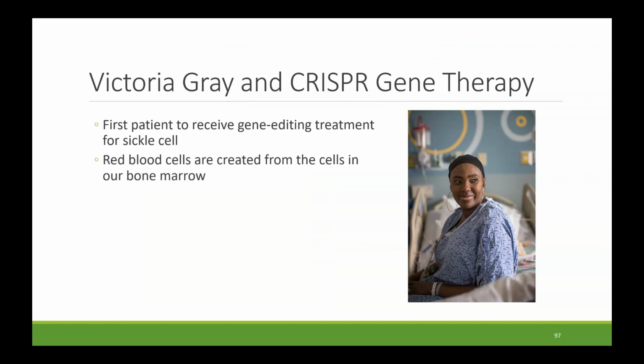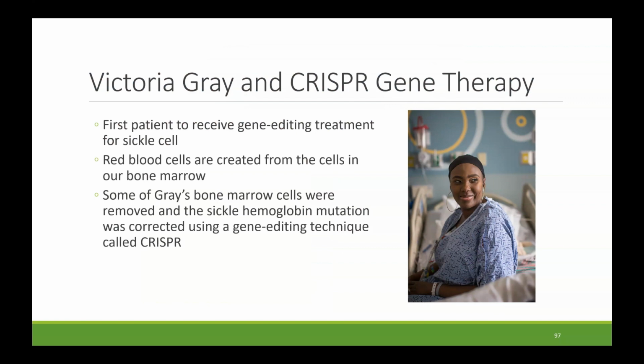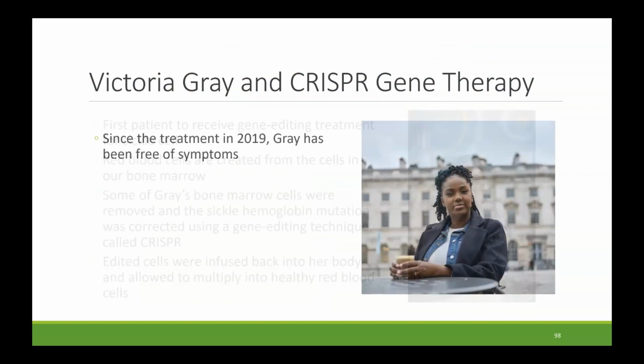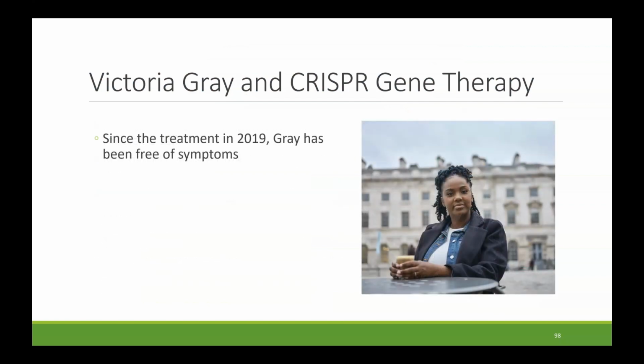So, some of Gray's bone marrow cells were removed and the sickle cell hemoglobin mutation was corrected using a gene editing technique called CRISPR. Then, the edited cells were infused back into her body and allowed to multiply into healthy red blood cells. And since her treatment, which took place in 2019, Gray has been free of symptoms.